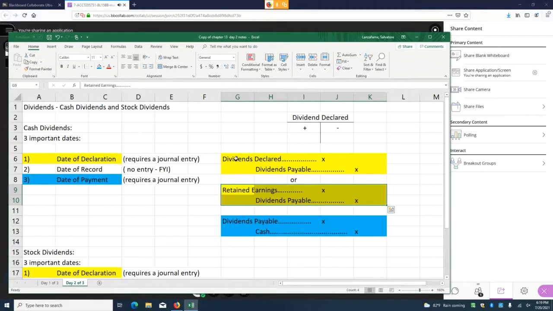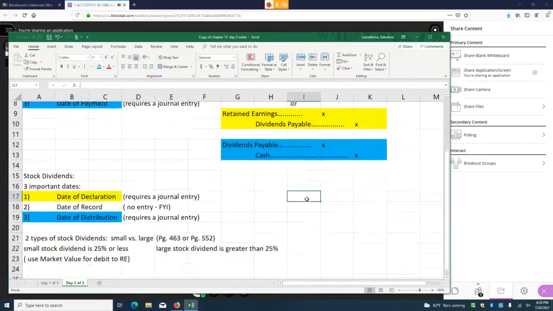All right? Instead of writing dividends declared with a stock dividend, see, dividends declared is kind of generic. Now that I'm talking about stock dividends, I should probably clarify that it's really cash dividends declared. And if they were doing a stock dividend, it'd be stock dividends declared. But your book doesn't even go there. They just dump it right into retained earnings, right?